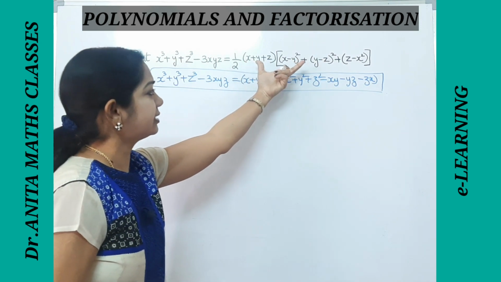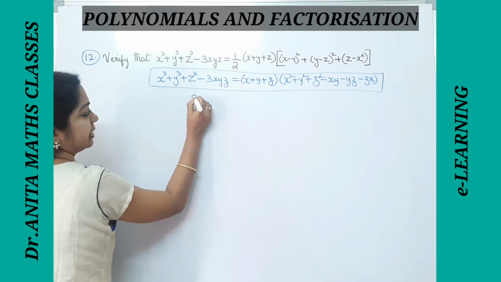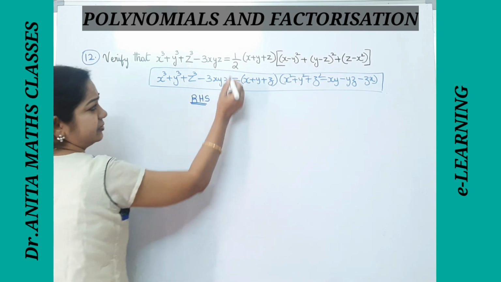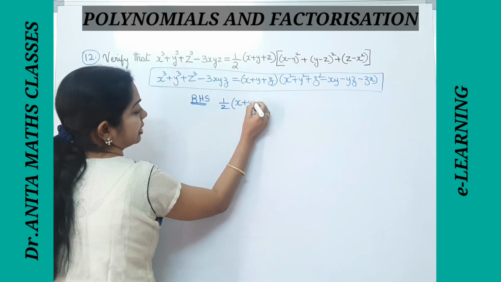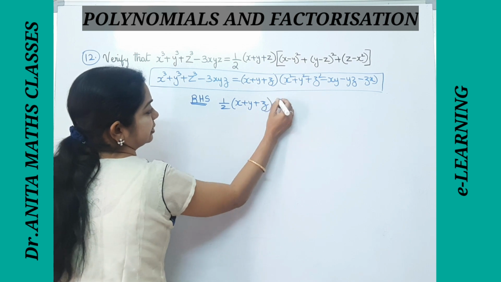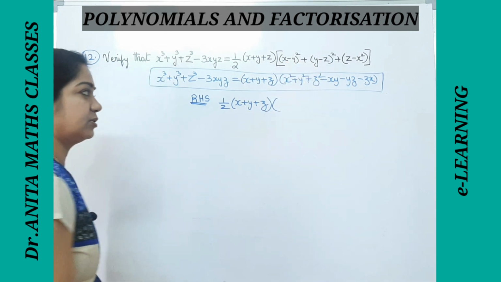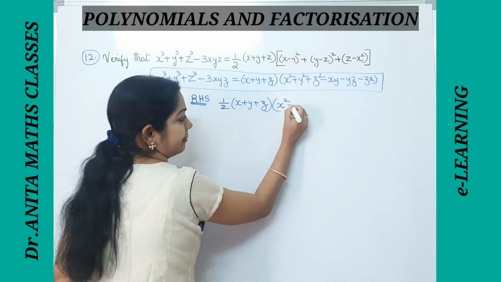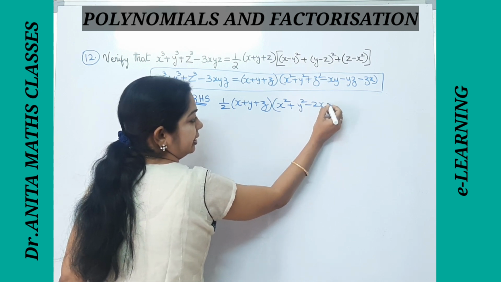Now let's start with the RHS part only. Let's take the RHS part, and we will get the LHS. See here, we have half x plus y plus z. Okay, so here what I'll do, I'll expand a minus b whole square, where a is x, b is y. So a square plus b square minus 2ab.